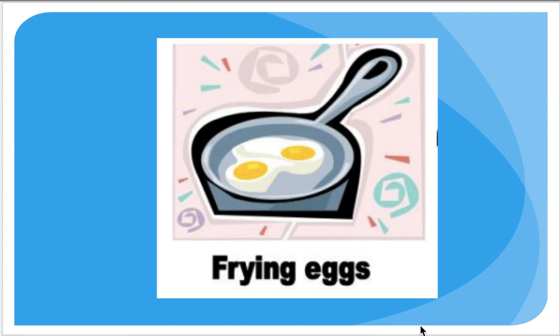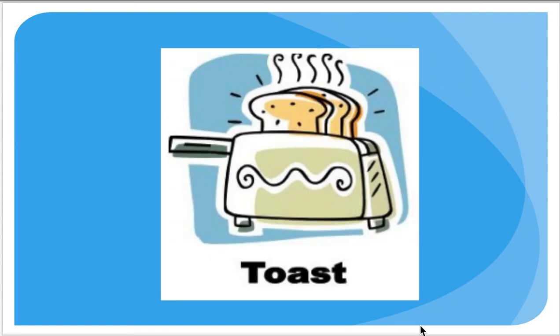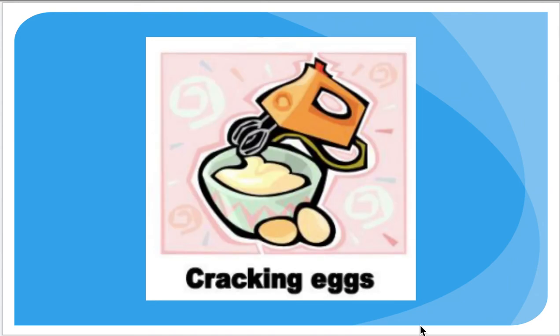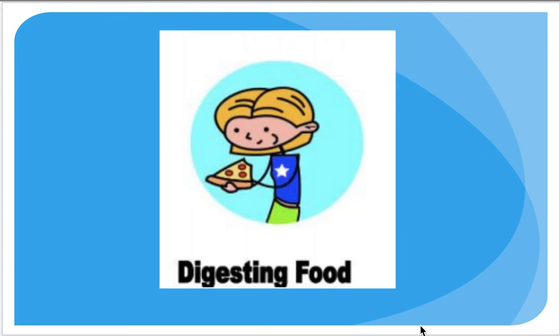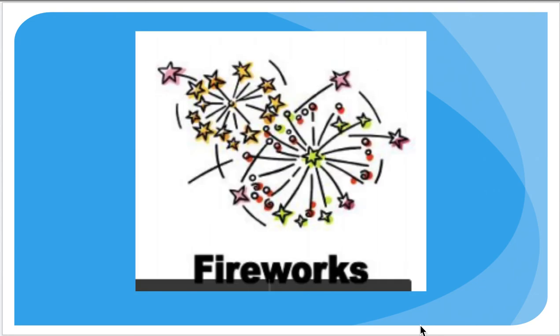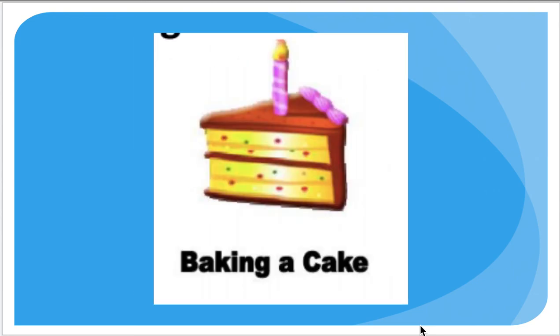Again, chemical. We're cooking them. Toast. We just talked about that. Chemical. Cracking an egg. Physical. Digesting your food. Chemical. Fireworks. Definitely that heat. Fire. Chemical. Baking a cake. Also chemical.